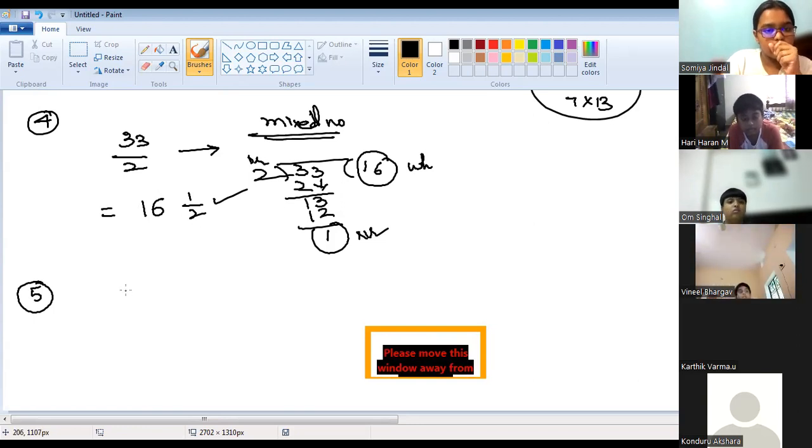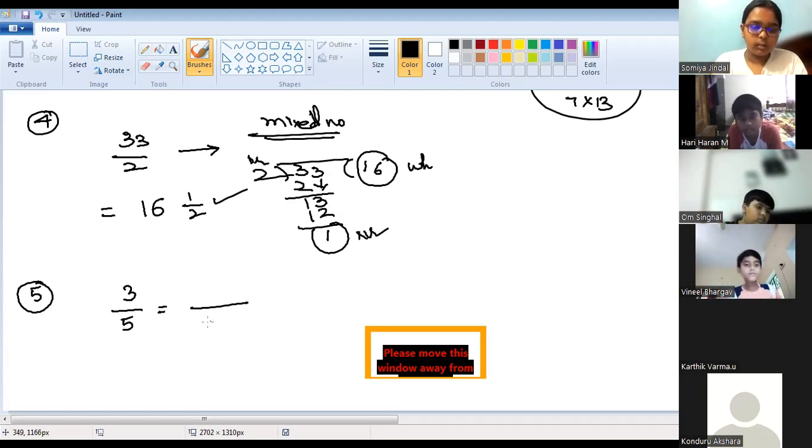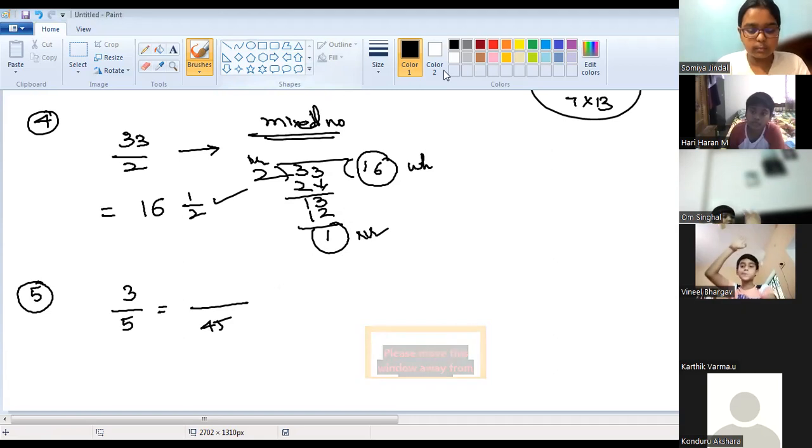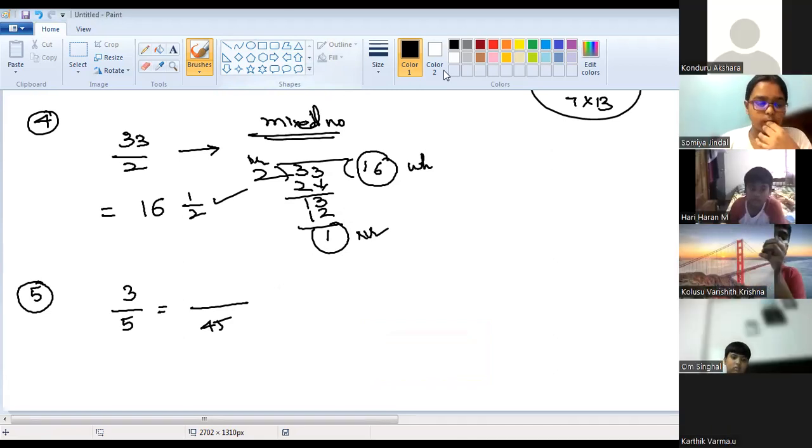Akshara, my fraction was 3 by 5 with the denominator 45. Can I know the numerator part?